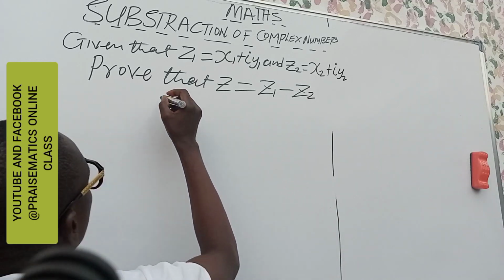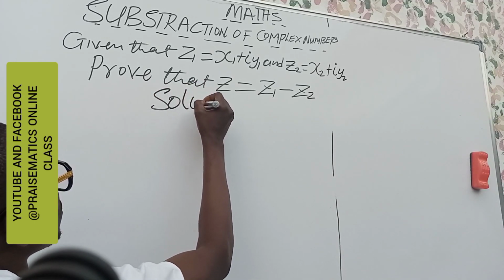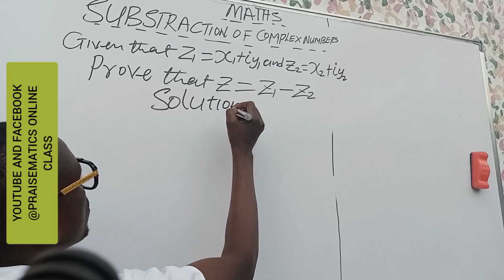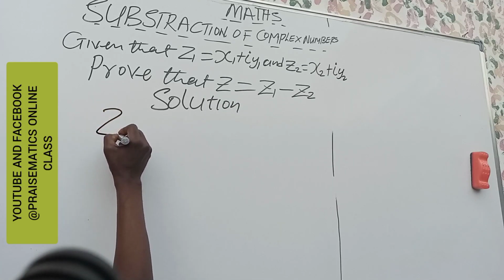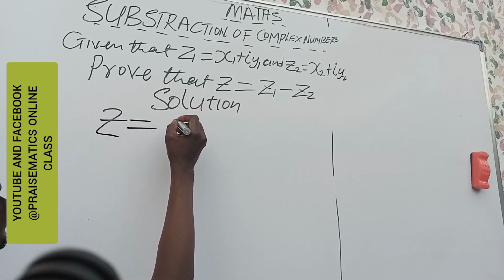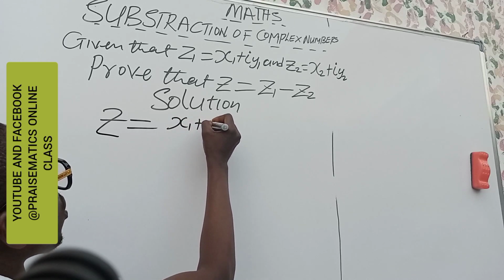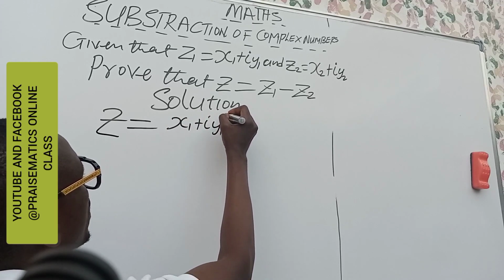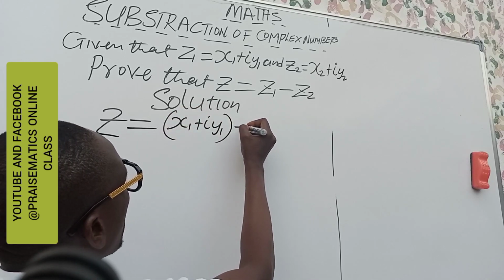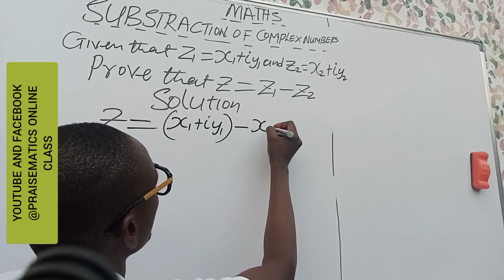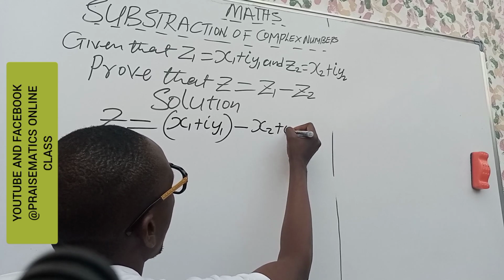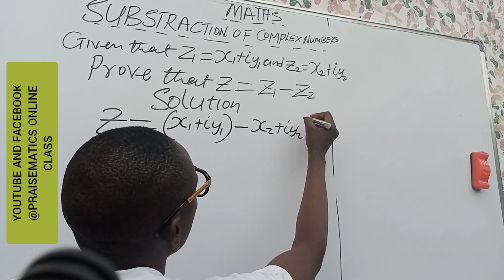Solution. z equals x1 plus iy1 minus x2 plus iy2.